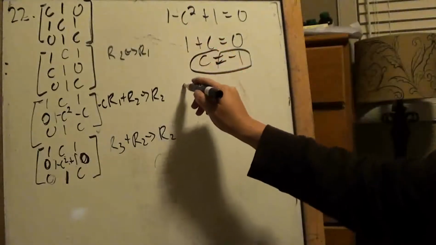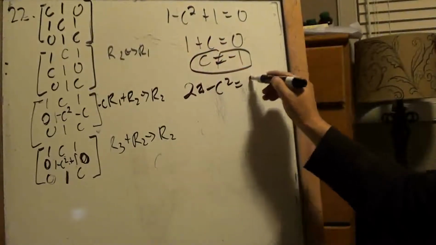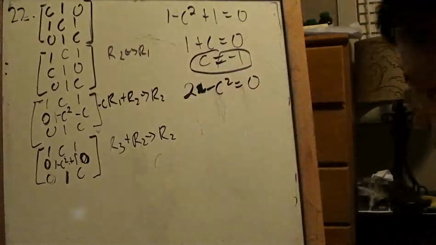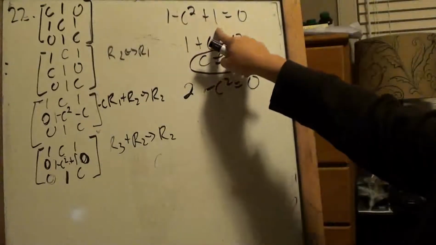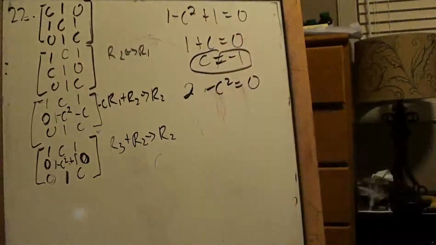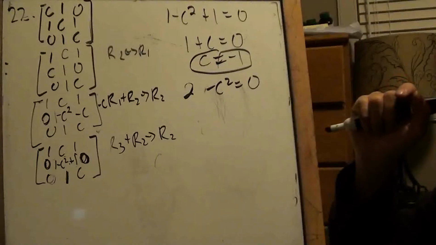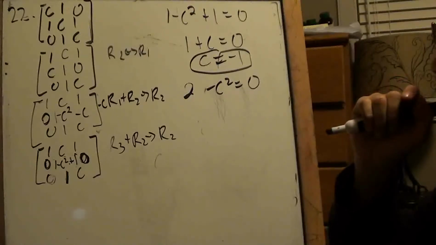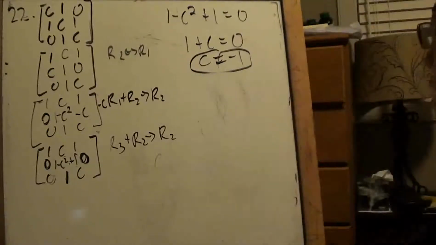This one, however, is a little tricky. So we have that because 1 and 1 both are positive, so 2 minus c squared. Okay. Oh, no, we can't do that. Whoa, what am I doing?